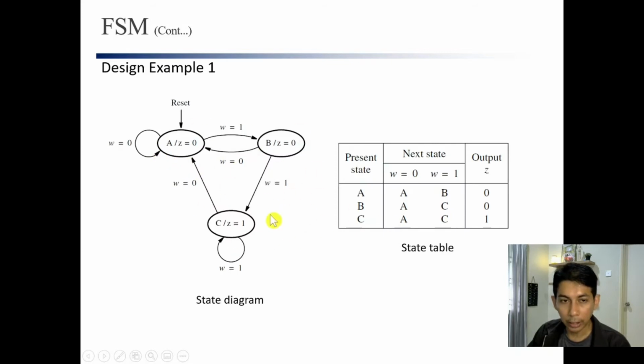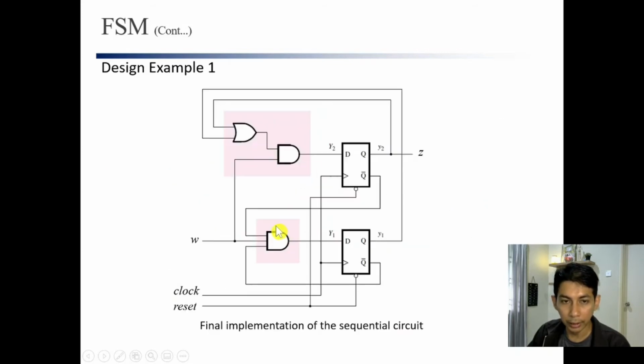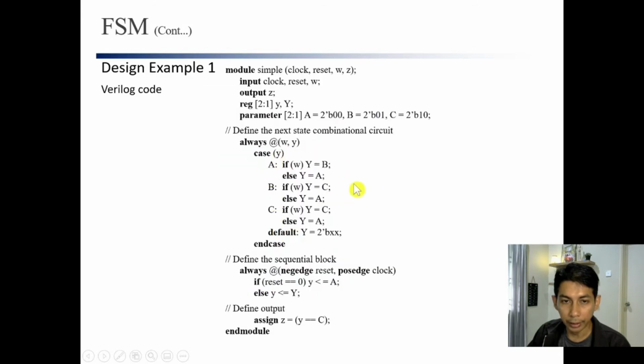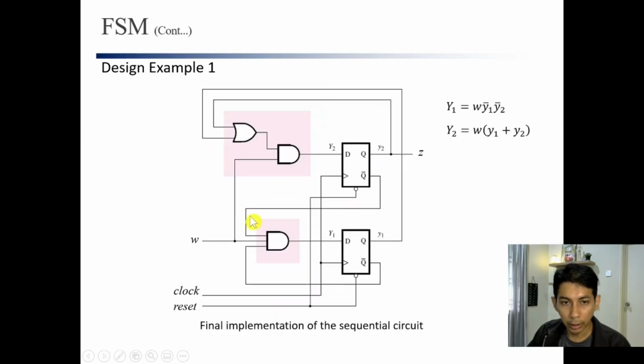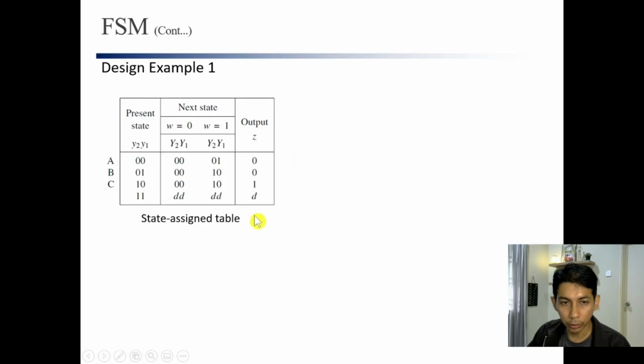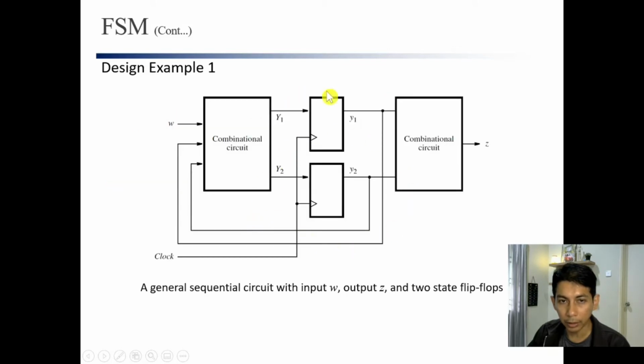All right. So last week we have learned how to write the code for this. First thing is that you need to have this. To draw this is easy because you have two flip-flops. So you draw two flip-flops and you draw the combinational logic box like this, and you have input W to the combinational logic like this, and you have the feedback from here to here.